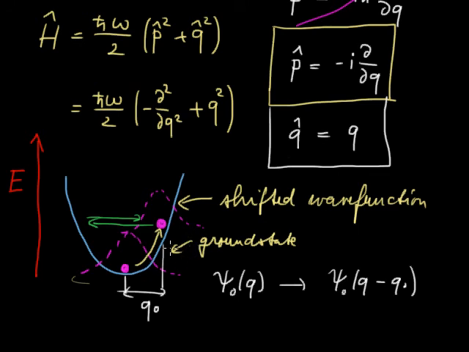But we know from somewhere that this harmonic oscillator can be represented in terms of the eigenstates of the Hamiltonian, and there is an infinite number of them.